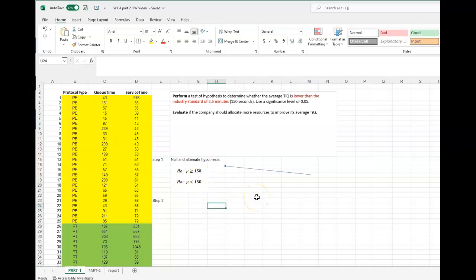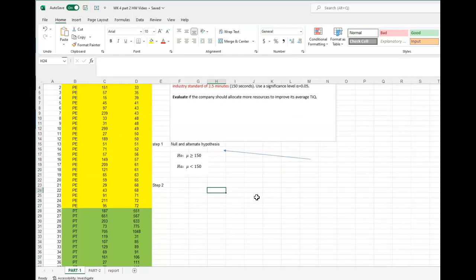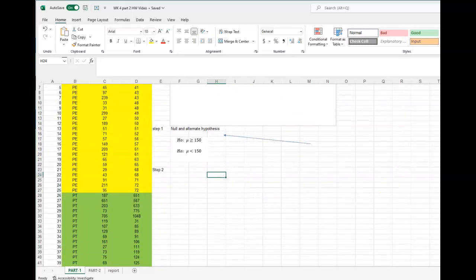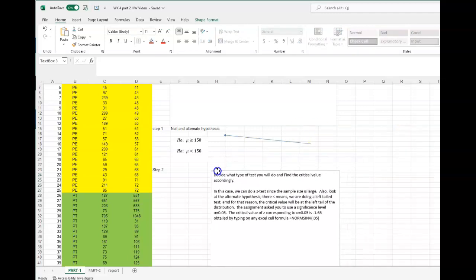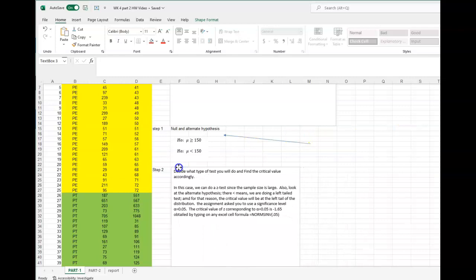This is step 1. And then step 2, you are going to determine what kind of test you are going to do. In this case, you are going to do a z-test, because you have a large sample.